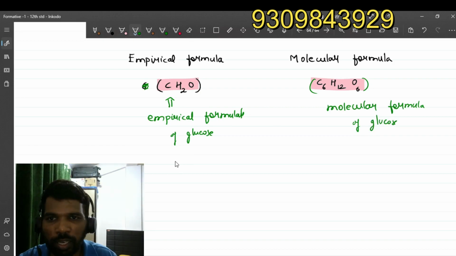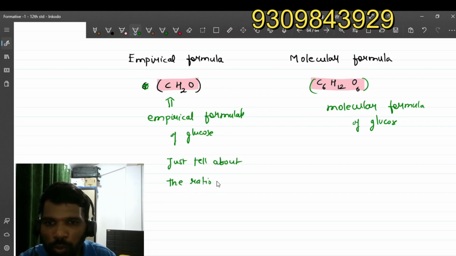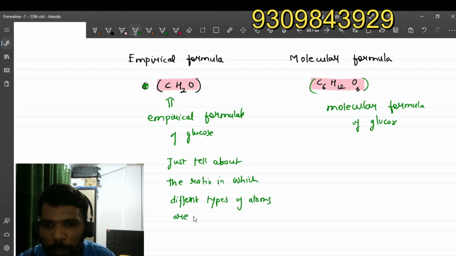Now from this we can understand that the empirical formula just tells about the ratio in which different types of atoms are present in a molecule, right?